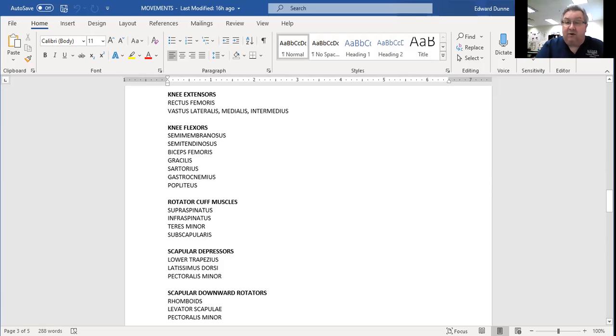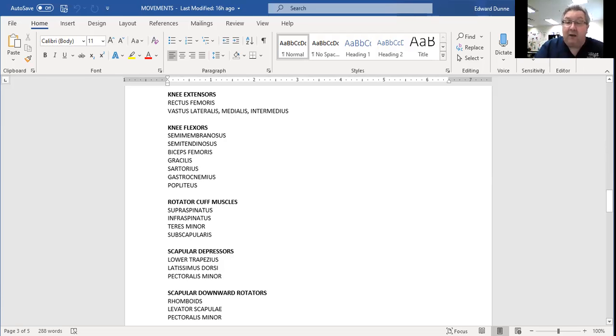The knee extensors, the muscles that straighten out the knee, well, that's the quadricep group. The quadricep group in the front does knee extension. So the rectus femoris and the three vastus muscles, vastus lateralis, vastus medialis, and vastus intermedius.